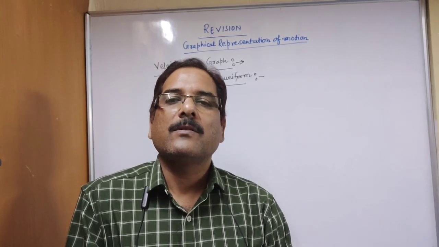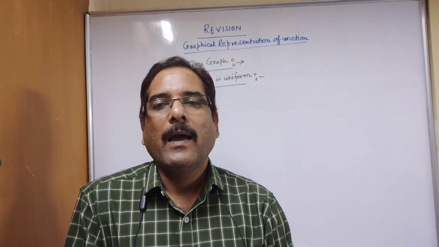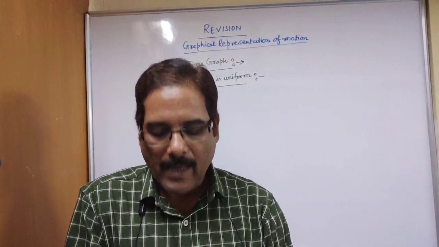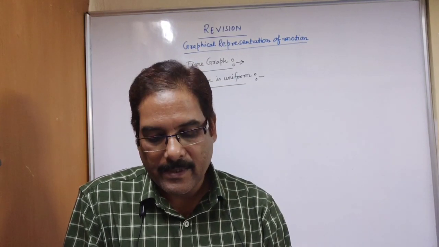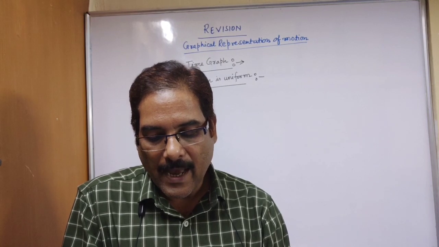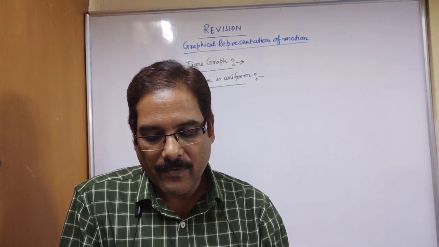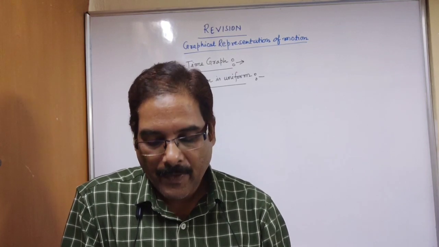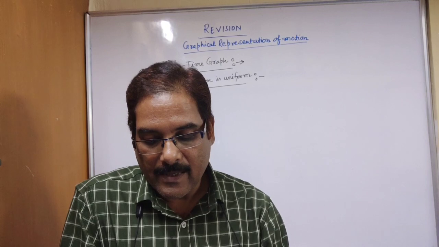In the last class also I told you that time is an independent quantity and we always take time on the x-axis, and velocity is represented along the y-axis. If the object moves at uniform velocity, the height of its velocity time graph will not change with time. It will be a straight line parallel to the x-axis.